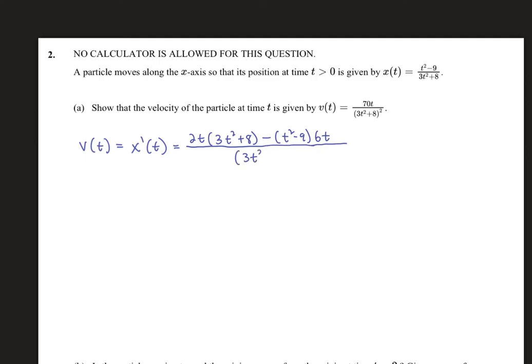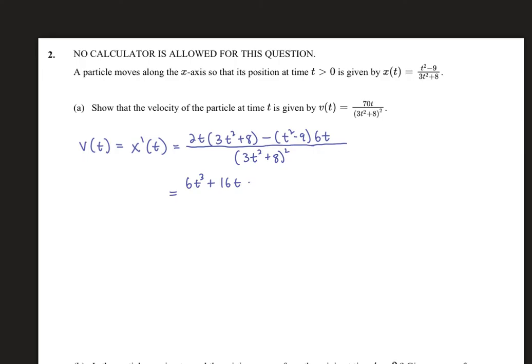So we see how they got the bottom squared in the answer, just from the quotient rule. Okay, so now the top must just simplify to be 70t. So let's just confirm that. So we'll distribute the 2t. So we'll get a 6t cubed, and then plus 16t.